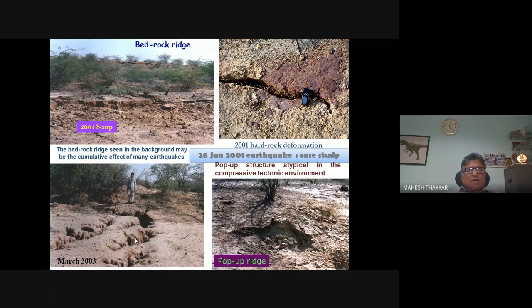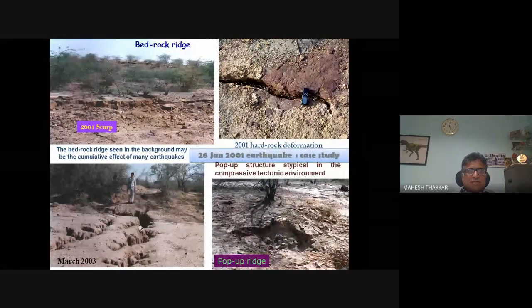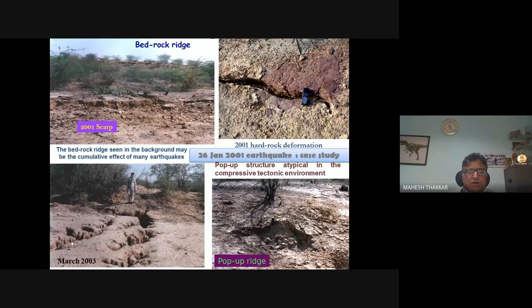This particular lateral spread activity in 2001 is still seen in 2003, after 2 years of the earthquake. Okay, so this is very significant, but it is in the alluvial fan zone. This is not in the hard rock, but this is still there today after 20 years because it is preserved in the hard rock. Now look at this particular point where this girl is standing.